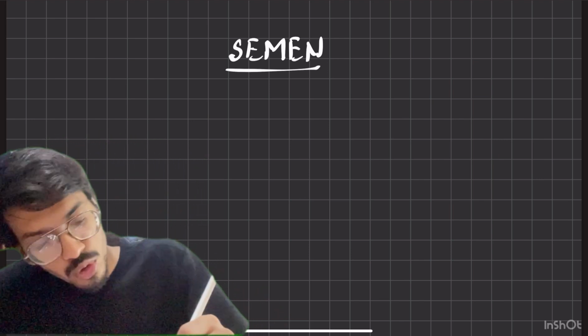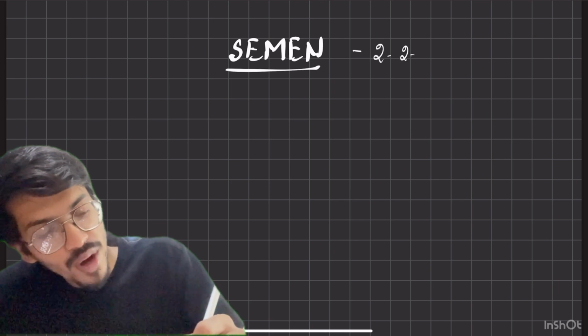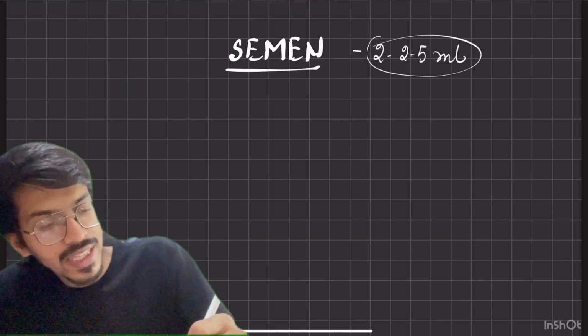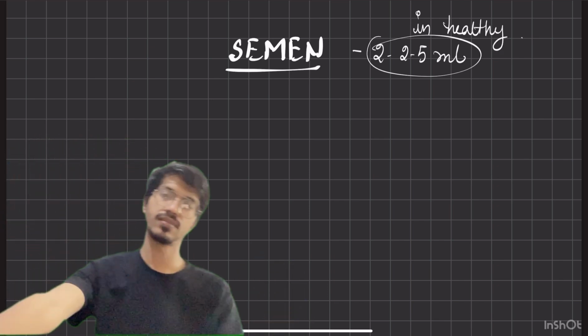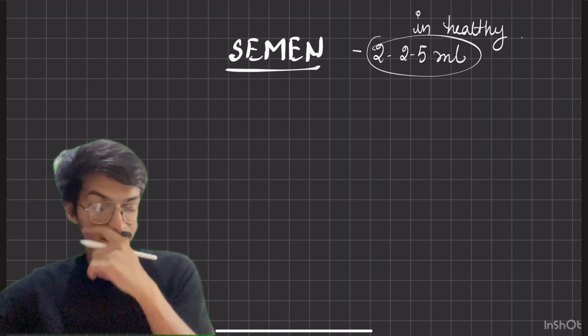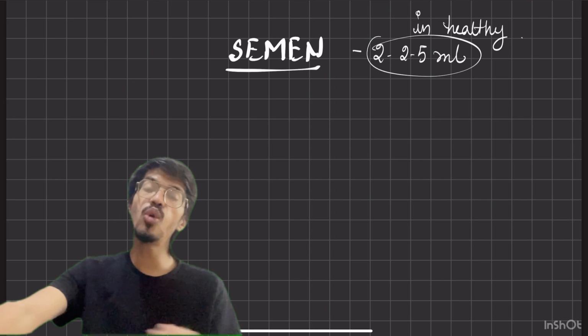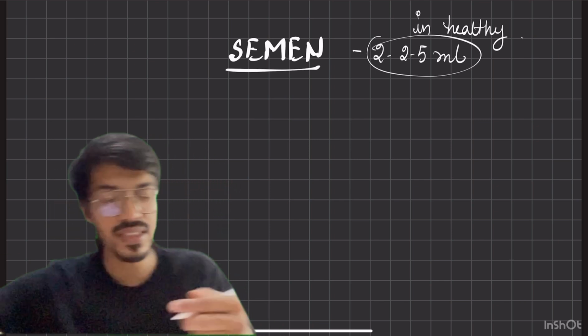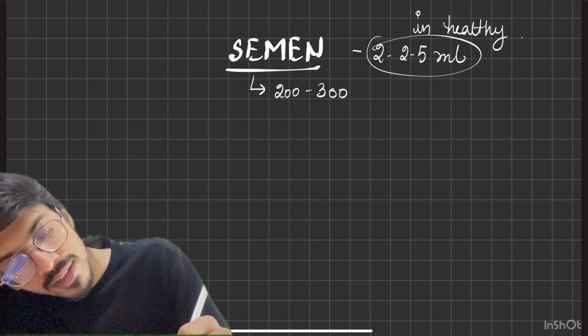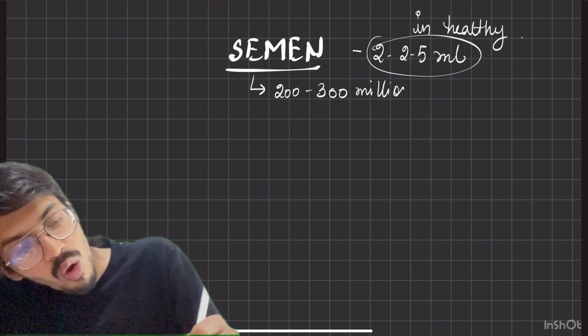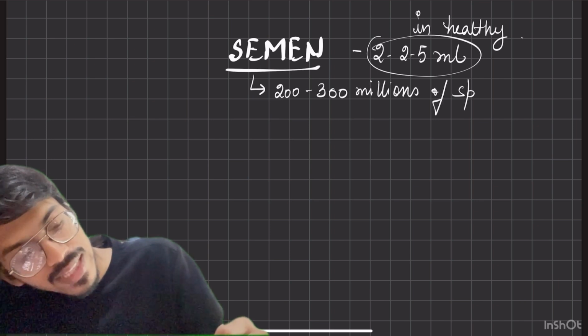You have to remember 2 to 2.5 milliliters in a healthy individual. Next point, how much sperm is present in that? 200 to 300 million sperm cells are present.